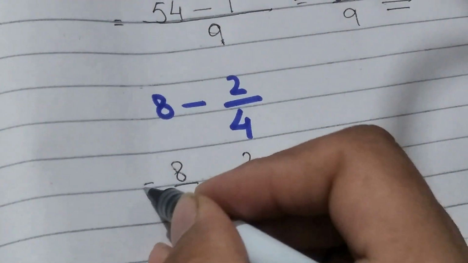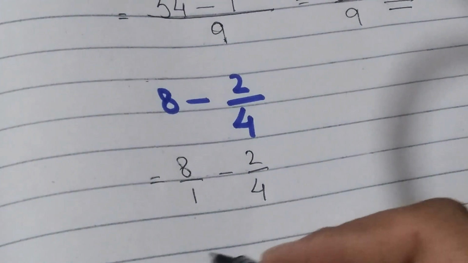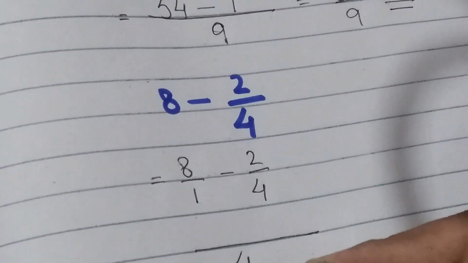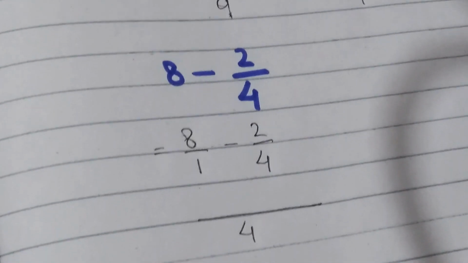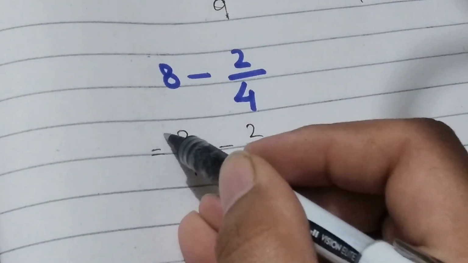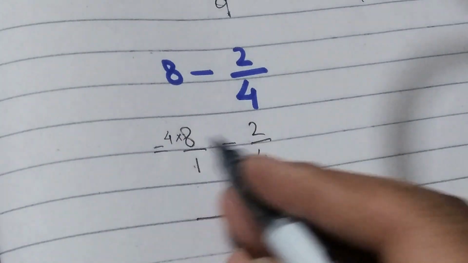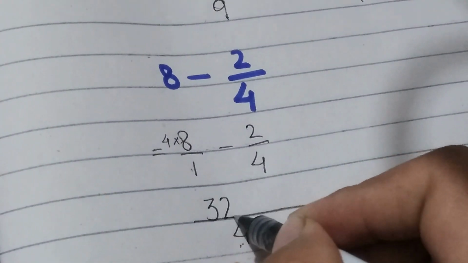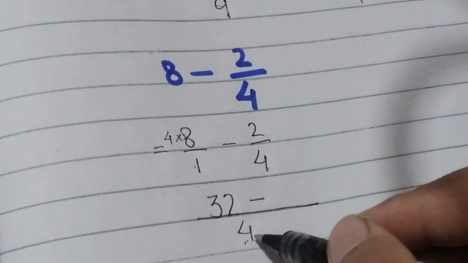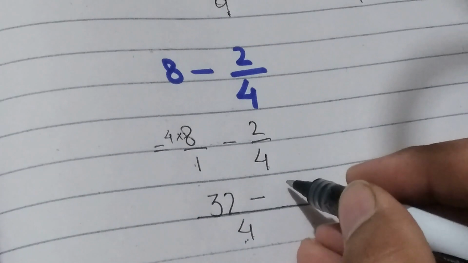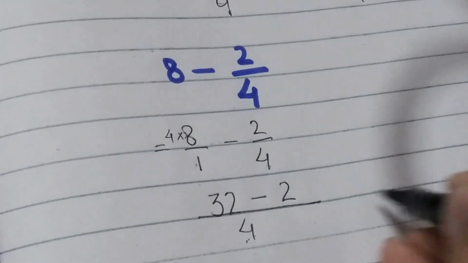Again multiply. 4 multiplied by 1 is 4. 1 multiplied by 4 is 4. So we will multiply 4 by 8. 4 8s are 32, minus 2 over 4, the base is the same.